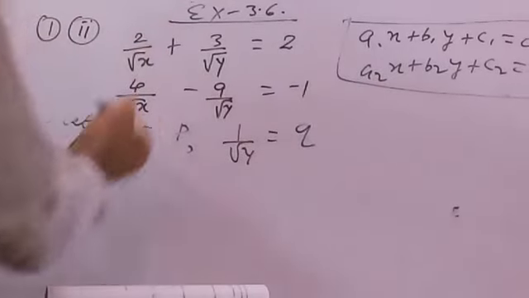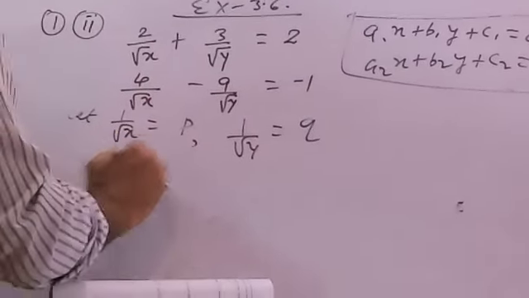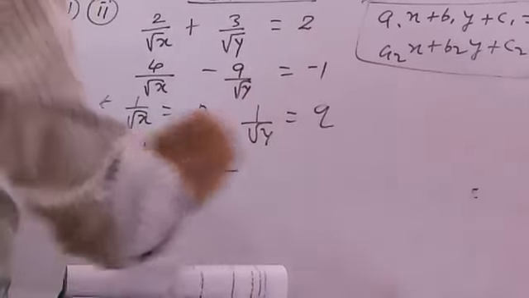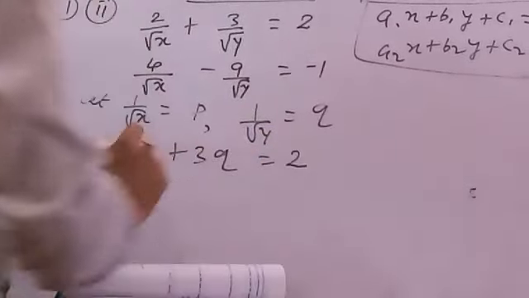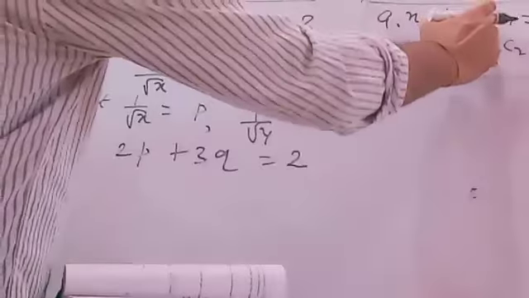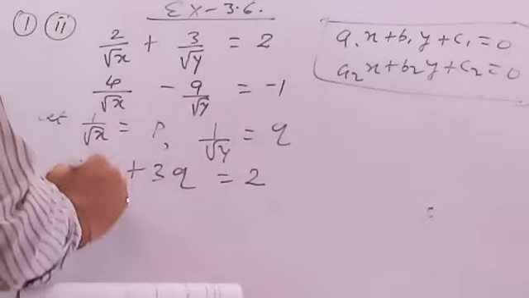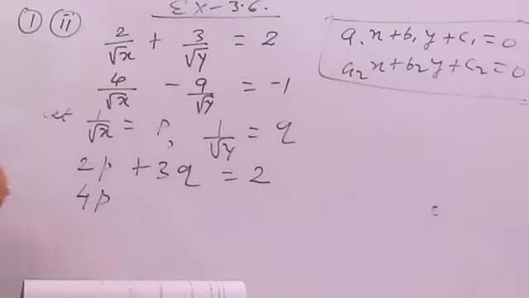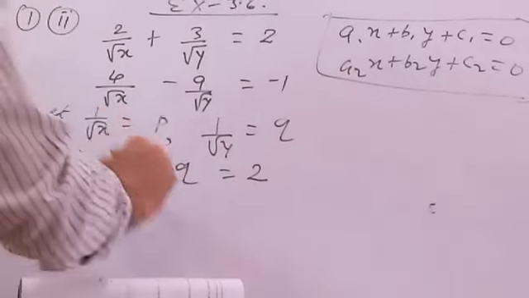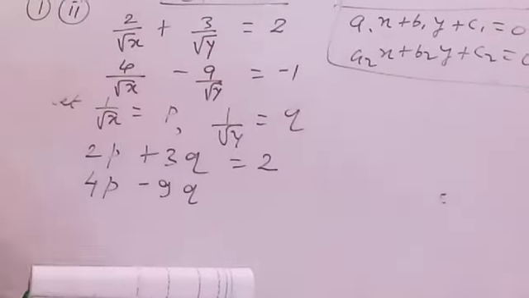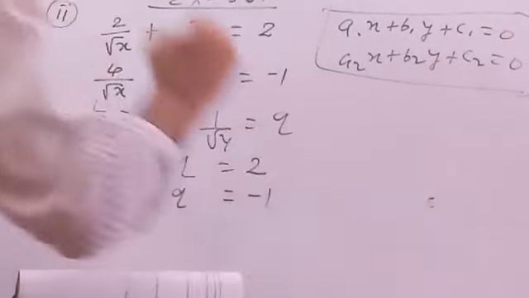Now 1 by root x is p, so this gives 2p plus 3q is equal to 2. If c1 comes to this side, 2p plus 3q minus 2 is equal to 0, and the second equation is 4p minus 9q is equal to minus 1.